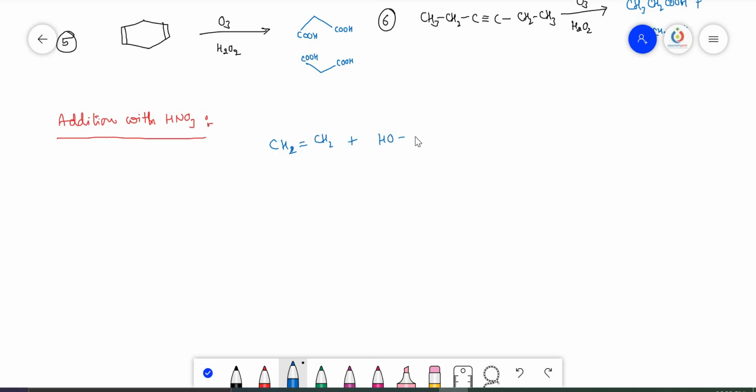HNO3 can be written as HONO2, so OH on one side and NO2 on the other side. CH2OH, CH2NO2. Similarly, let us take acetyl chloride.